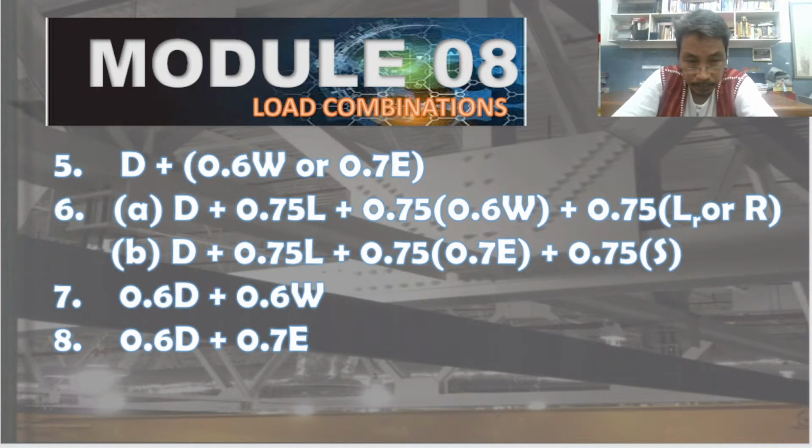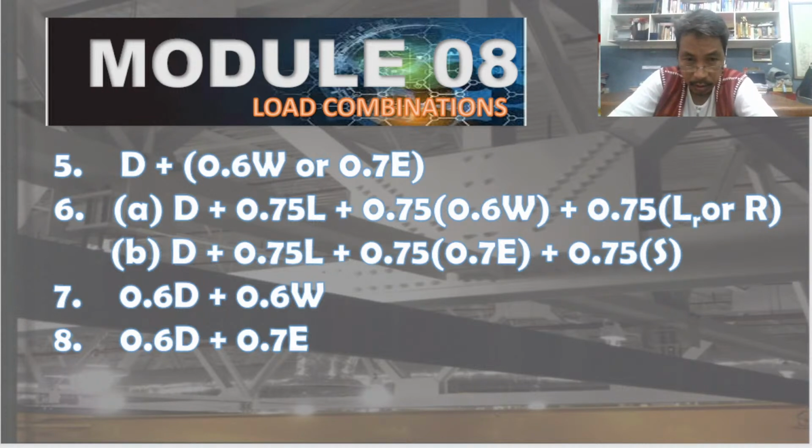And equation 5, dead load plus 0.6 wind load or 0.7 earthquake load. Take note, there are differences of this set of equations from the LRFD set of equations. In particular, we have 0.6 times wind or 0.7 times earthquake.